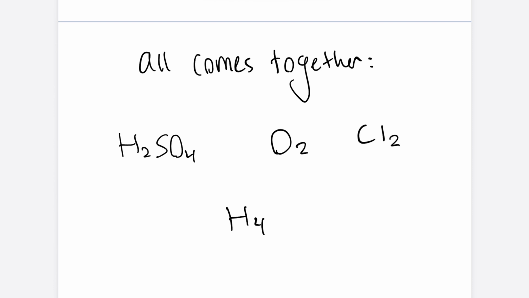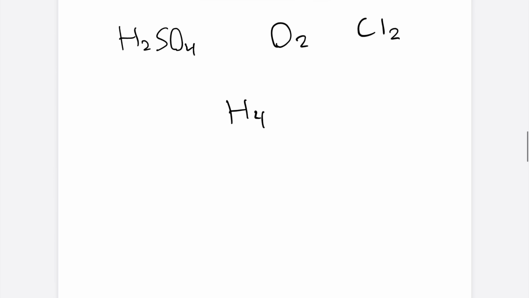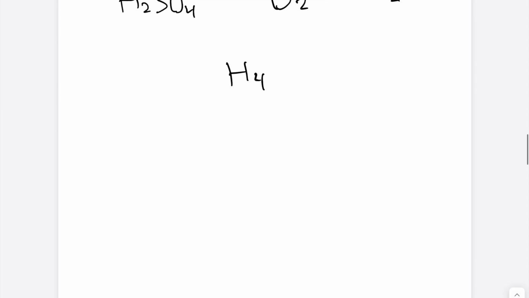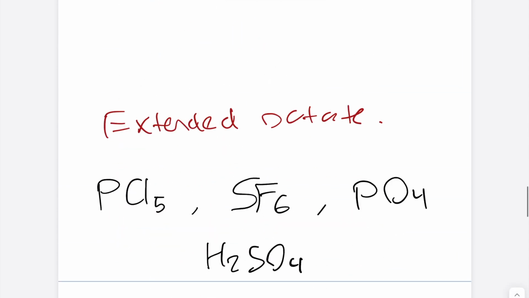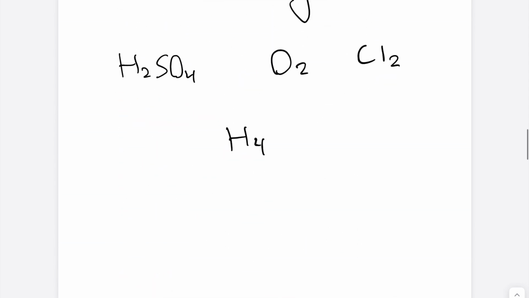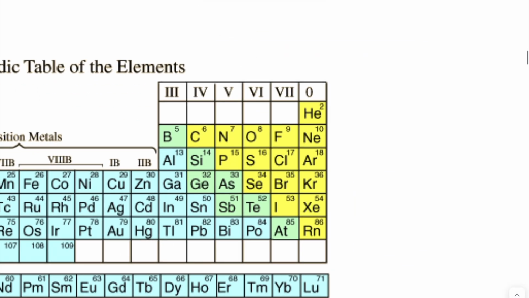Okay, let's use some examples where this might actually come together. So for instance, H2SO4, these are some common molecules that you might see later on. The reason I want to start with this one is because there's exceptions to the octet rule. We'll talk a little bit down here about that, but H2SO4 is such an example, where the S actually needs more than usual to fill its octet, and that's just because if you look at the periodic table, the S is actually in the 3rd row.